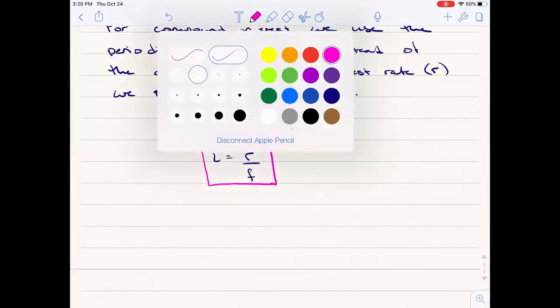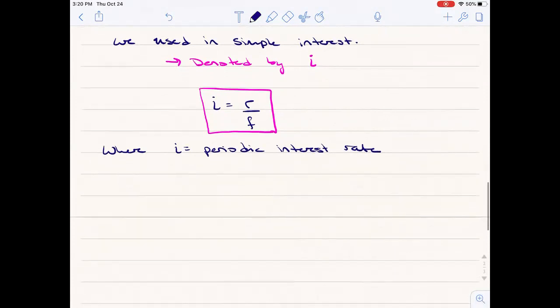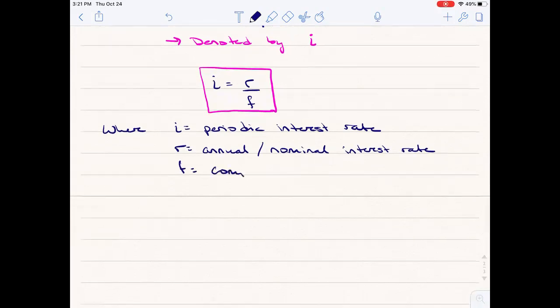And that's on our formula sheet, so I'll just put a box around it, right? And I'll just highlight what these things are, where i is the periodic interest rate, r is the annual or nominal interest rate, and f, again, is that compounding frequency.